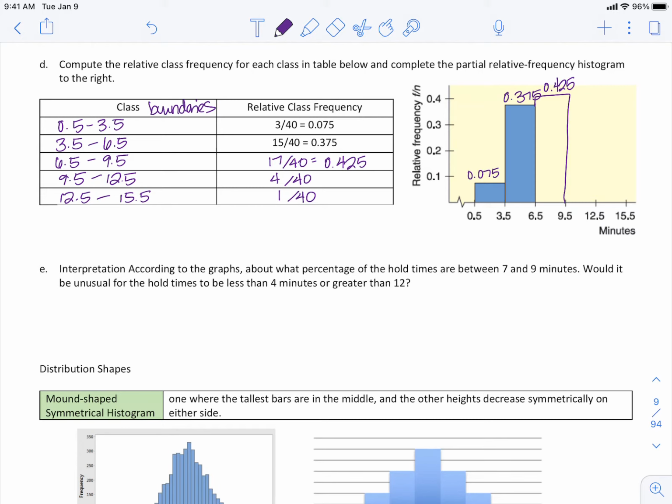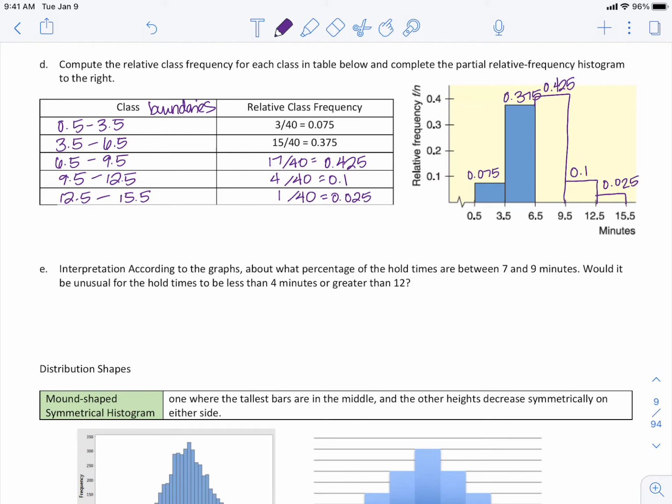Our next bar, 4 divided by 40 is 0.1. It's going to look like this. And last, 1 divided by 40 is 0.025. And so our last bar for our last class will be here at 0.025.